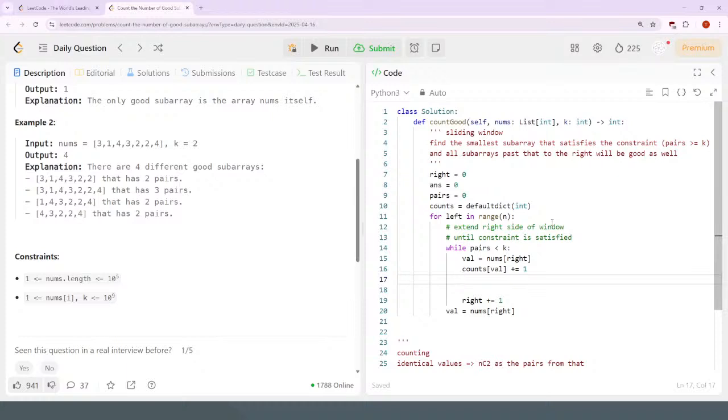Okay, so for instance, the first thing I'd do here would be the right is at index 0, the value is 3. It says that there's now 1, 3 within the window. And then that would affect the number of pairs. Well, not really, but I would need to get the combination.